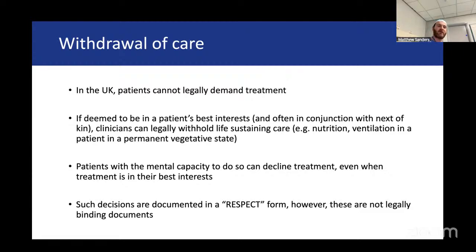We formalize these decisions in a form called a ReSPECT form, which essentially details what a patient's wishes would be as they approach the end of their life. This may be, for example, cardiopulmonary resuscitation, or whether they would value interventions such as prolonged ventilation. However, importantly, these are not legally binding documents.